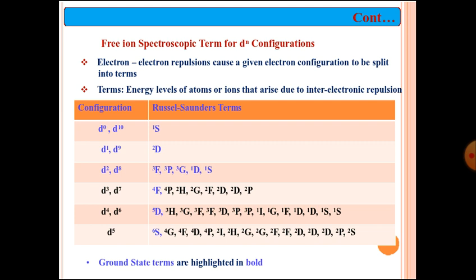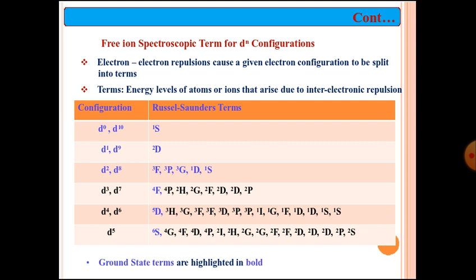Here are given the configurations of d, and the Russell-Saunders terms. The colors differentiate them, and the ground state terms are in a different color.